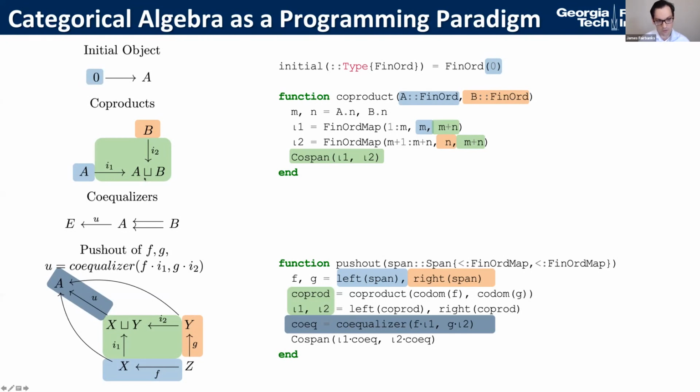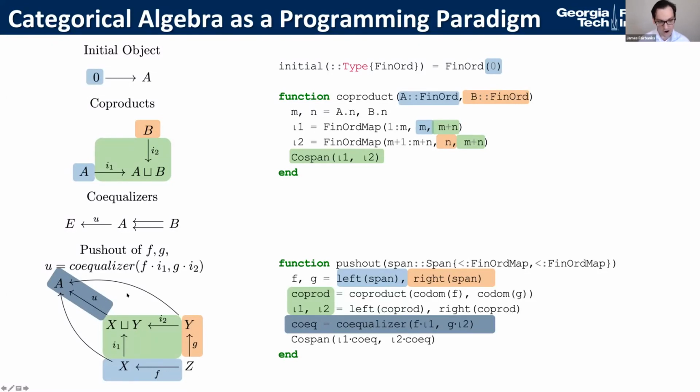So if you have coproducts and coequalizers, you can define pushouts, where you take a span, F, G, form the coproduct, and then ask what's the coequalizer of the inclusions into the coproduct composed with the legs of the span.